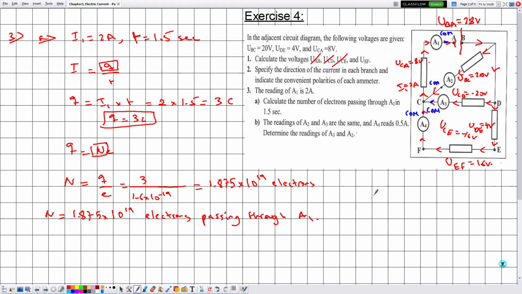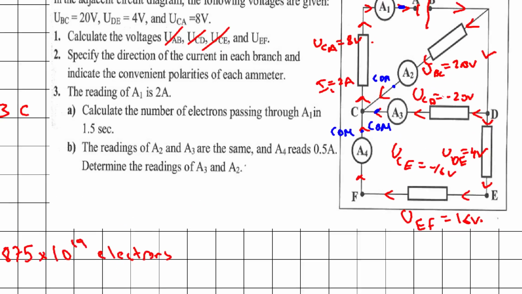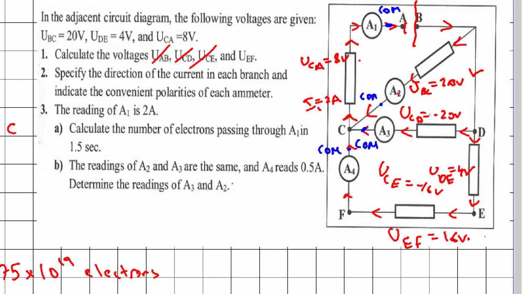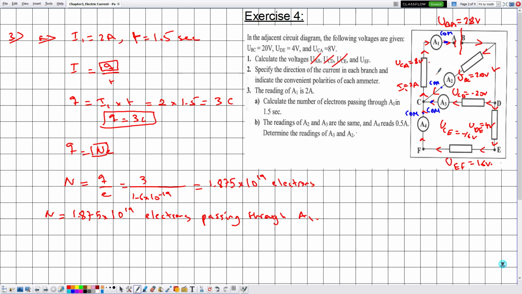Now in part B they are telling me the readings of A2 and A3 are the same. So what does this mean? The ammeter A2 is reading a current I2 of the same value, which is 2 amperes, and A3 is the same, I3 is equal to 2 amperes, and A4 reads the current I4, 0.5 amperes.